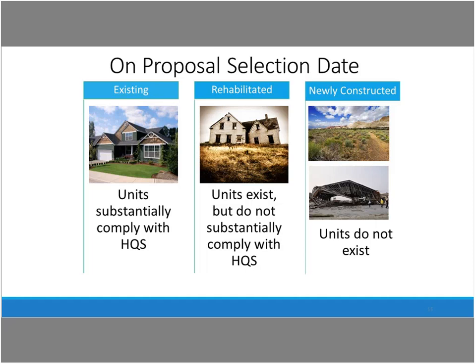If it does not substantially comply with HQS, then it is a building that will be rehabbed. This is an important distinction that's made early in the process. The idea of substantially is something that the Section 8 program looks to the housing authorities to define, and ideally that definition is included in your admin plan, so you've got something to point to when you determine whether a building is substantially compliant or not.